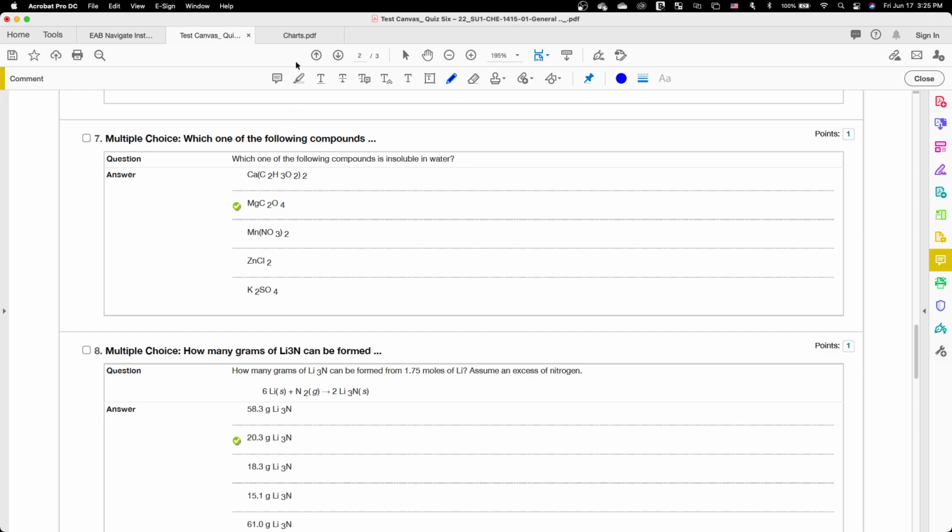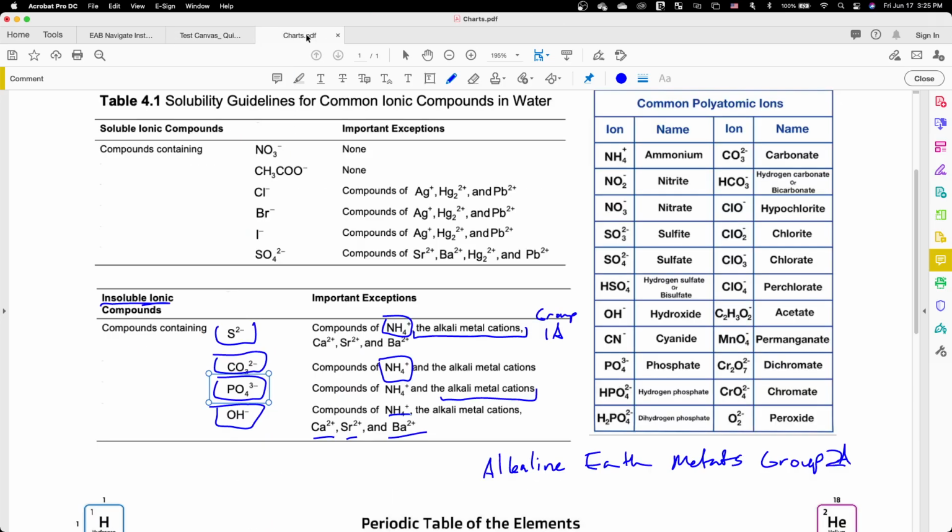It's either oxalate or chromate, but that doesn't matter. I just want you to see here that none of the exceptions actually contain the group 2A or the alkaline earth metals.